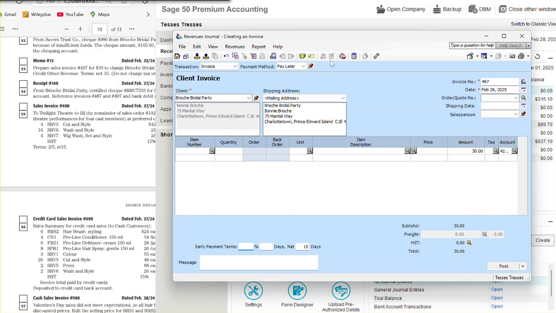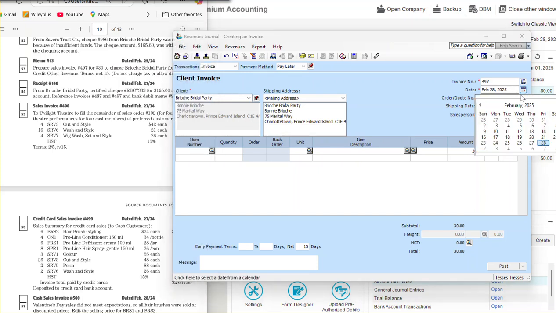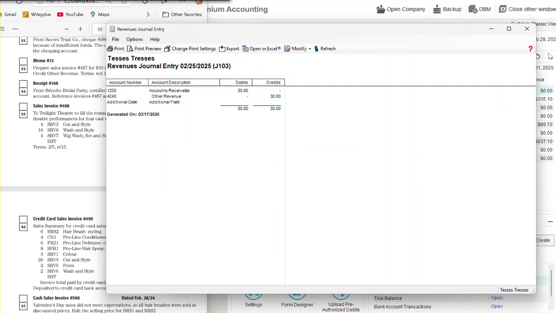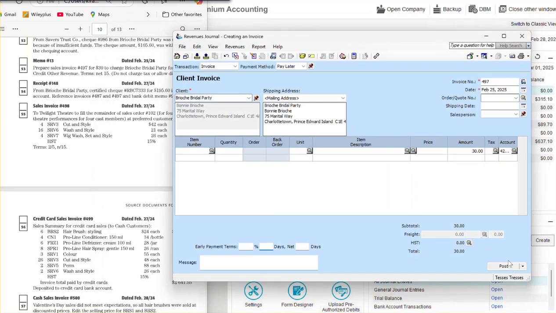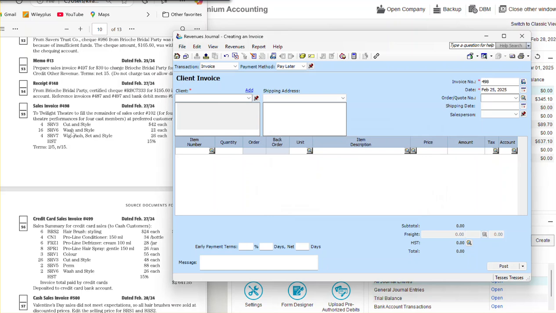The date was February 25th, and we are good to go. I will show you the transaction before we get further. I am going to post the transaction and we'll say okay.